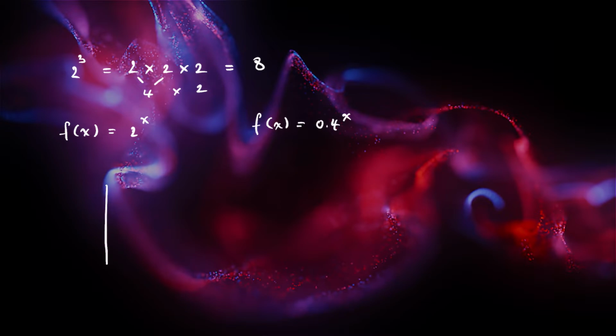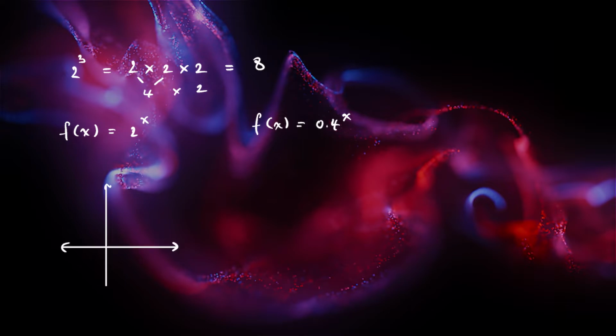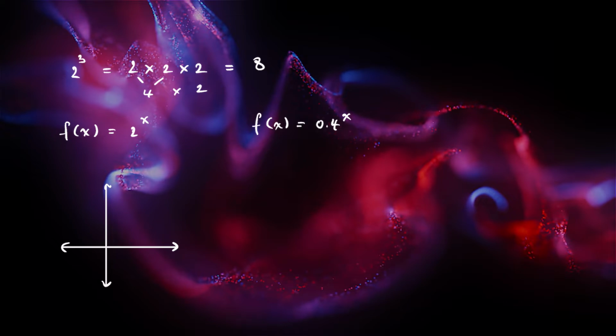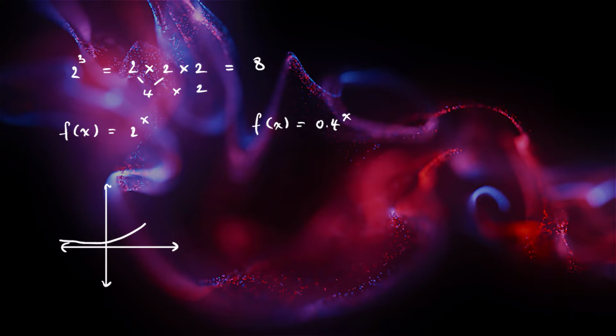Now if I was to graph what these functions look like, they would look a little something like this. Let's look at 2 to the power of x first. These are my y and x axes. If you were to plot the points on the graph, you would get a graph that looks something like this.